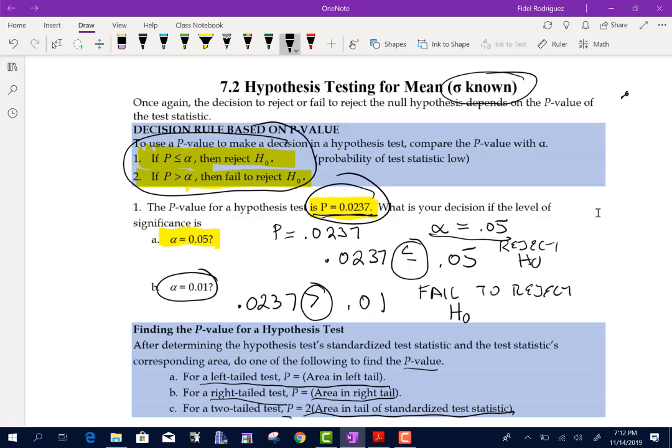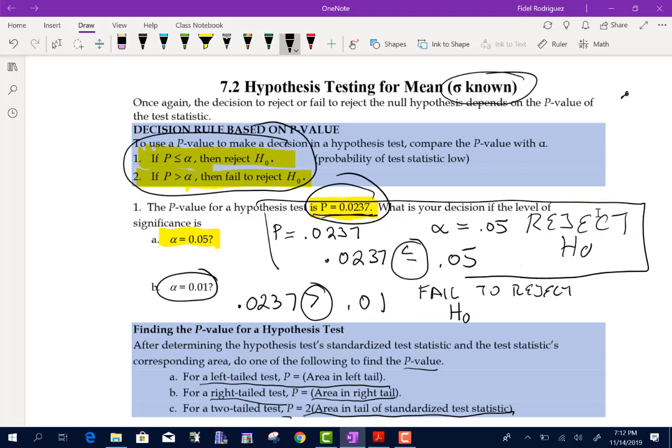So that's what we said, and I wrote it right here, but it looks pretty messy, so let me clean this up. That's what we said in this problem. We were going to reject the null hypothesis, because our P number happened to be smaller than the alpha. Then in part B, we're still dealing with that same P number, about 2 cents.